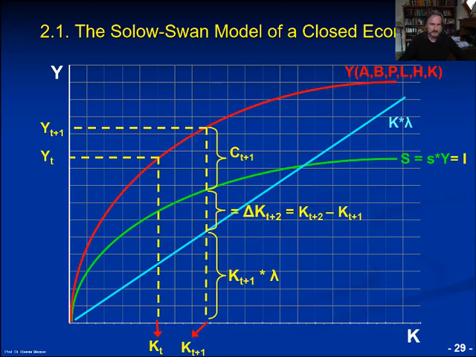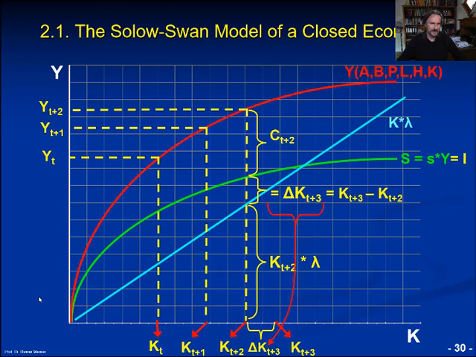Net investment equals the number of new machines which are added to the capital stock. Consequently, we can again find the capital stock of the next period, t plus 2, by adding net investment to the capital stock of the period t plus 1. And now this process repeats itself over a couple of periods.